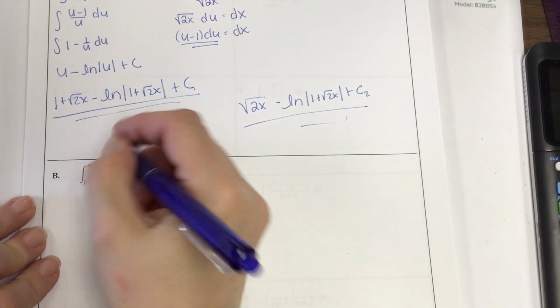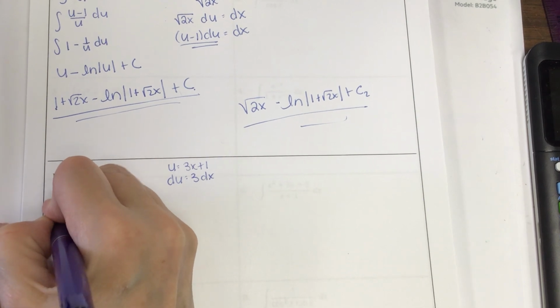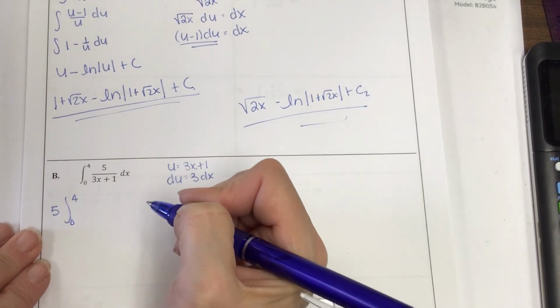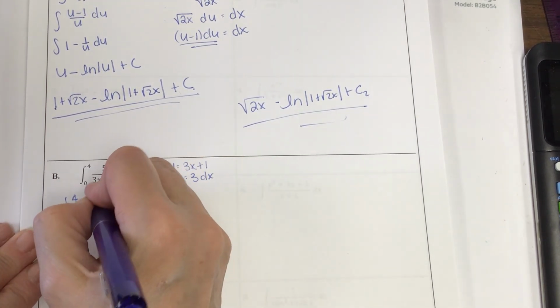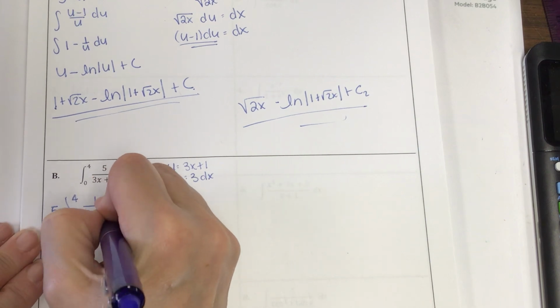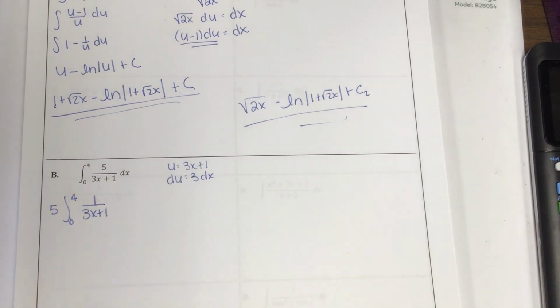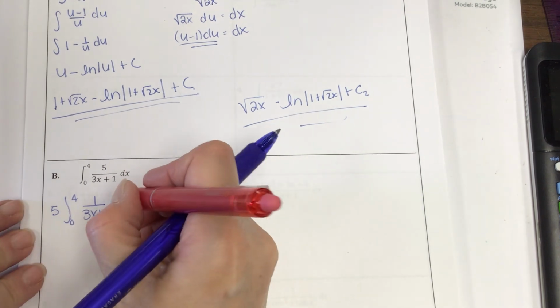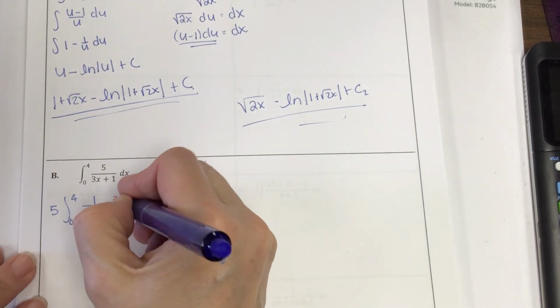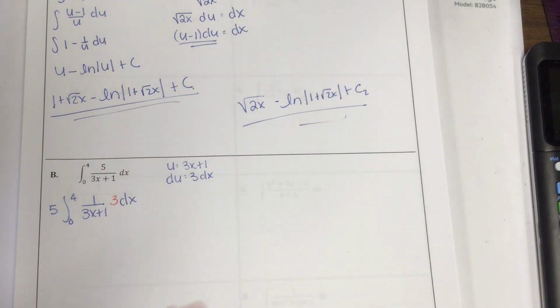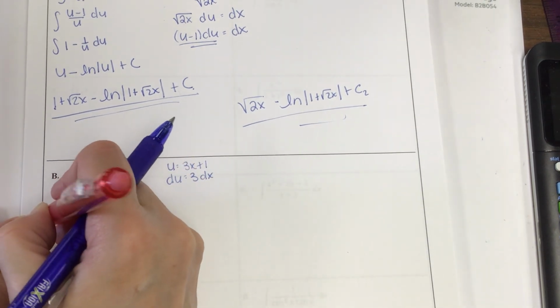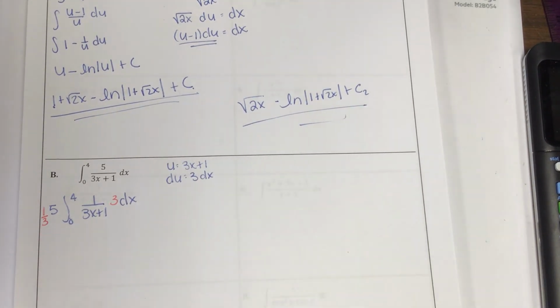So I know I'm going to bring the 5 out in front. This is from 0 to 4 of 1 over 3x plus 1. I need a 3 dx, which means I have to put a 1/3 on the outside there.